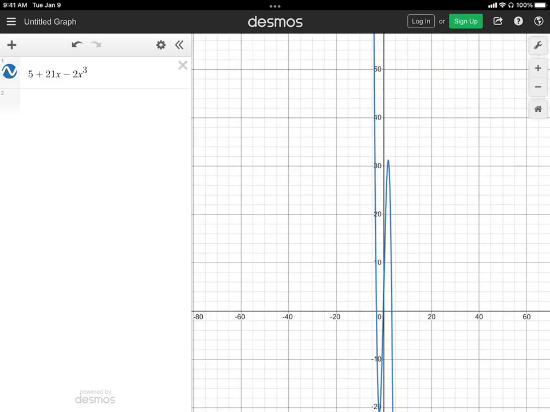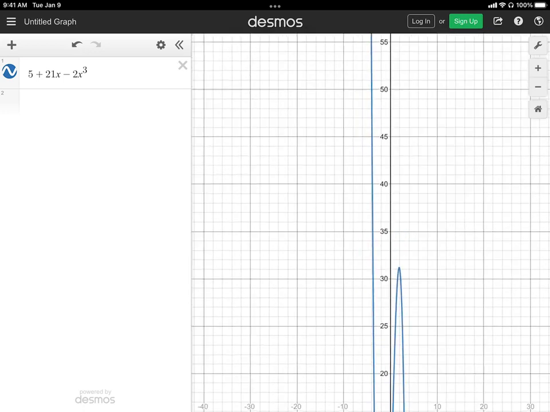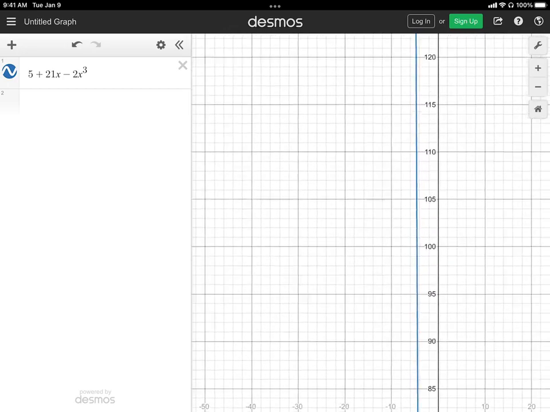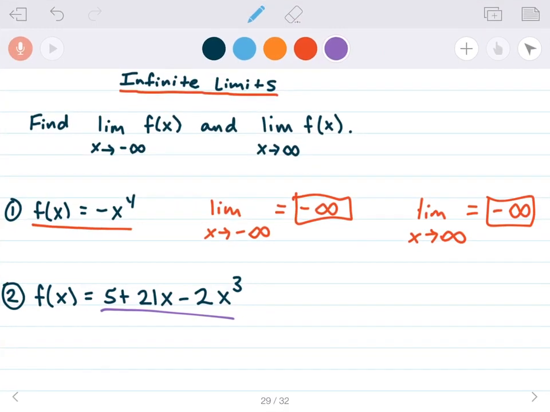So as x gets smaller and smaller and smaller, it looks like y is getting bigger and bigger and bigger. So when x goes to negative infinity, y goes to positive infinity.